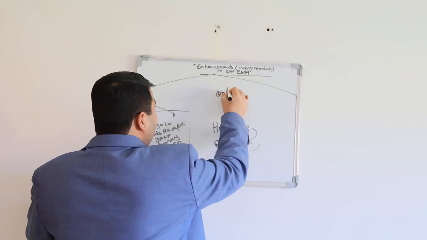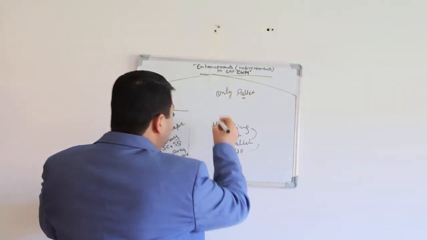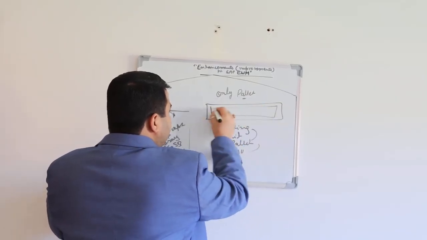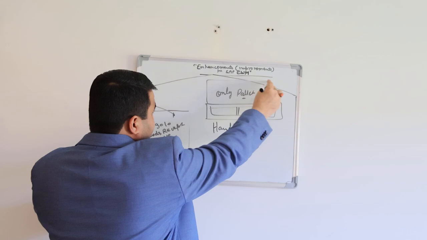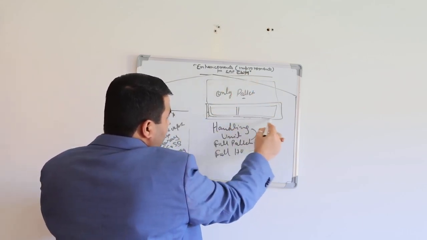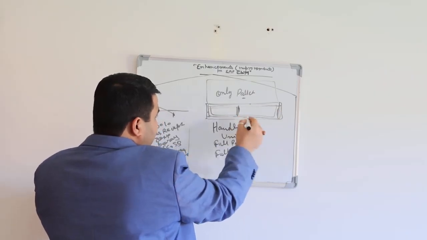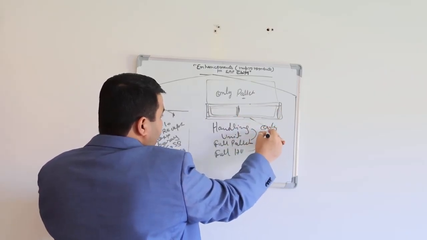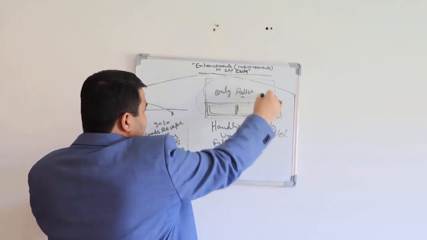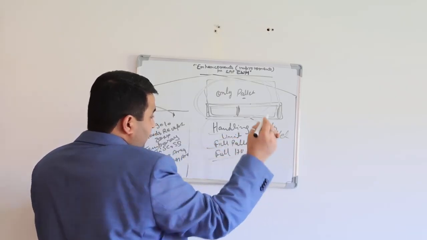If I speak only of the pallet, it means the wooden or plastic base, because we put the HU on top of it, and it is capable of holding the heavy load of the material. That's why we call it a pallet, and this entire thing is a container or handling unit, full HU or full pallet.